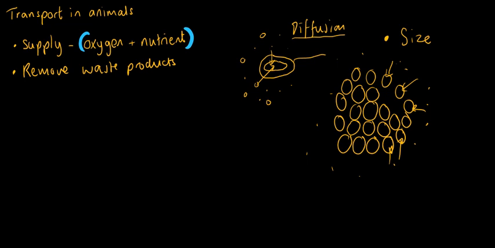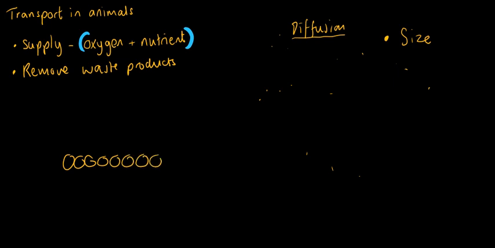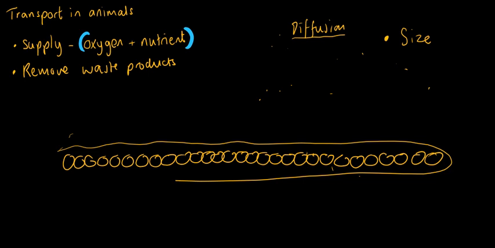As well as this, it is not just size, because I could have, say for instance, a really large organism, like, say for example, a worm. And let's just imagine I'm drawing a very crude diagram of a worm here, which you could say was quite a large organism in terms of its size, but this would not necessarily require a transport system, as the surface area to the volume ratio here is pretty large.